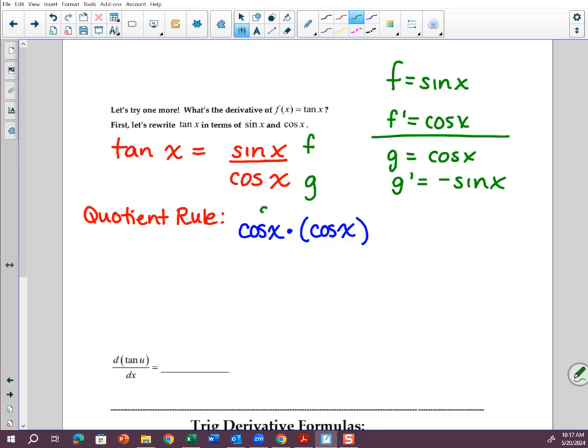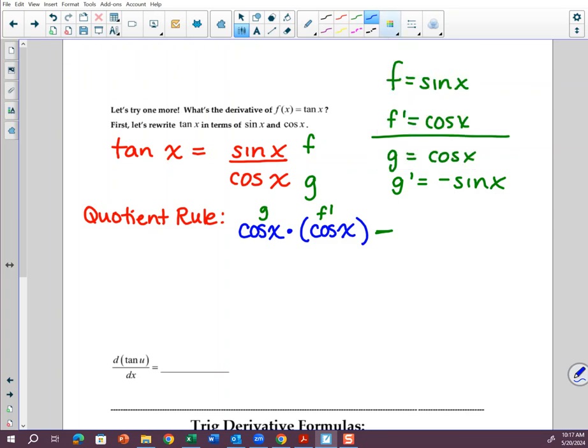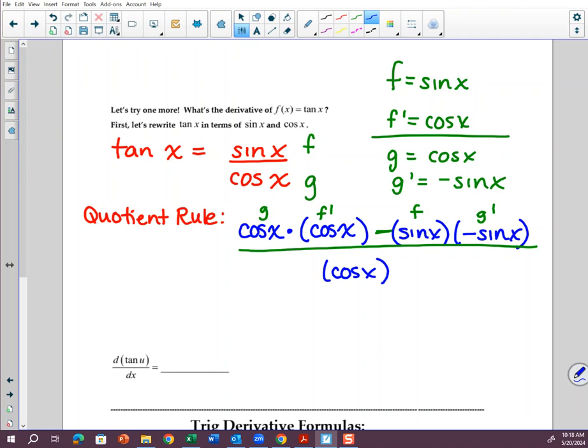So I've got g f prime minus f g prime over g squared.